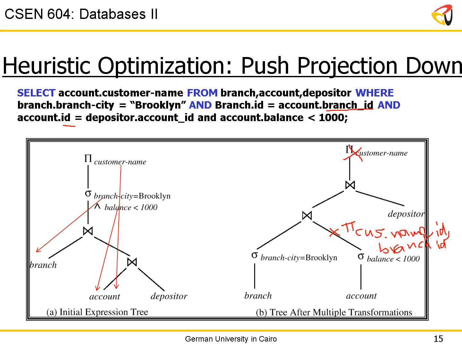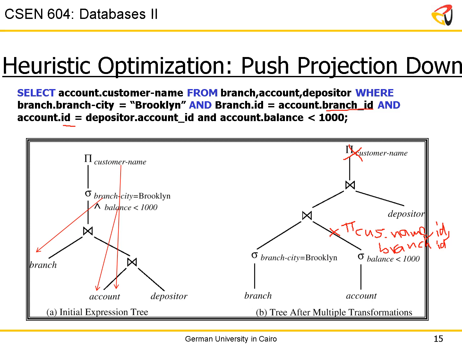For example, from branch, I only need branch.id and branch.branchCity. I don't need anything else. So there's no need to actually propagate the rest. And this follows generally for all queries, that if there is any opportunity to push projections down, then we should do that, just like we pushed selections down.